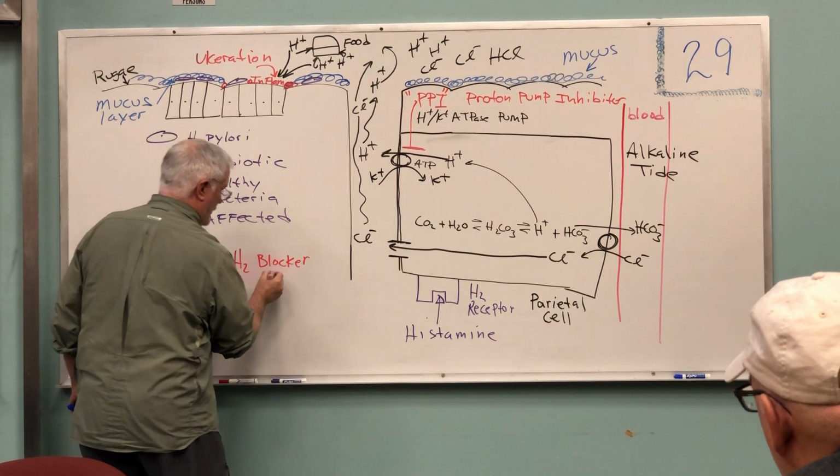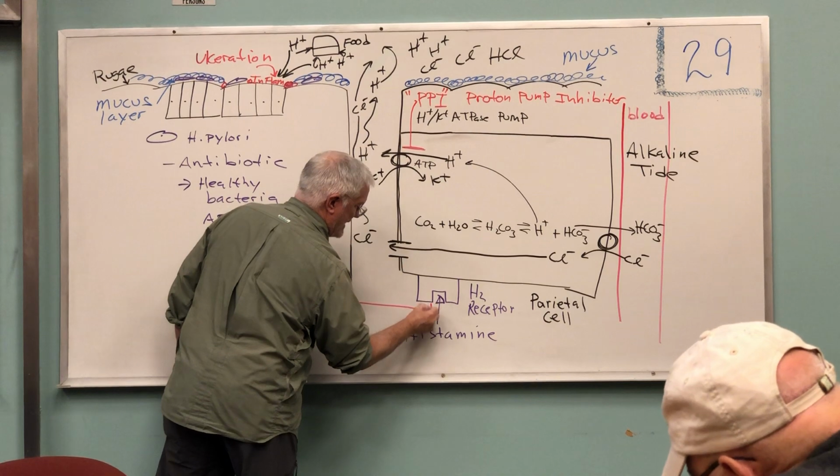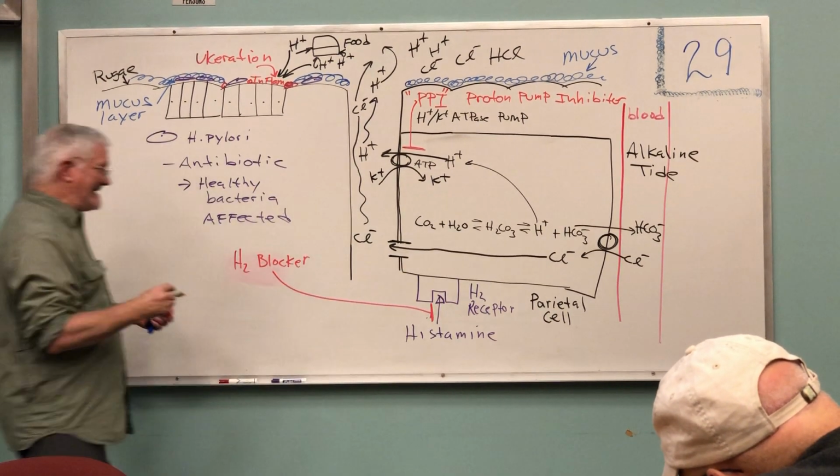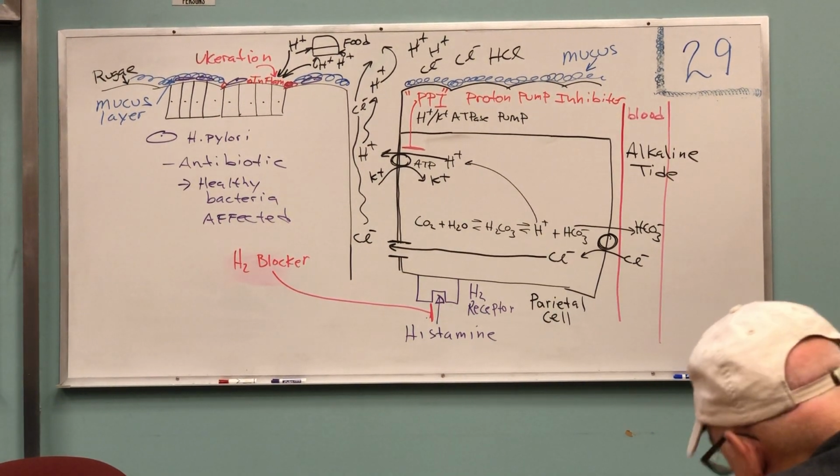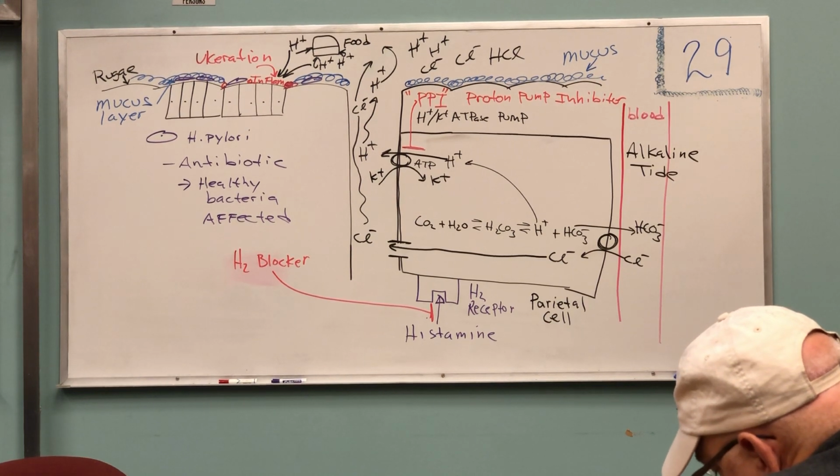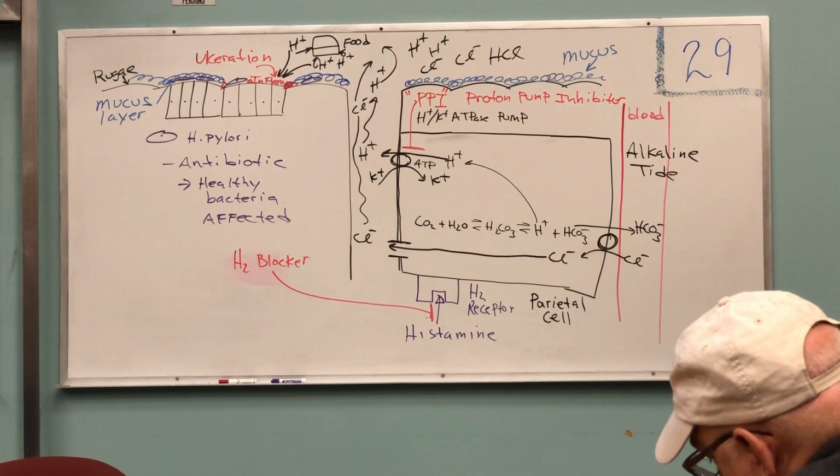So H2 blockers are going to come in and prevent histamine from binding to the H2 receptor. And you don't need to know the mechanism, but eventually you're going to make fewer hydrogen ions.